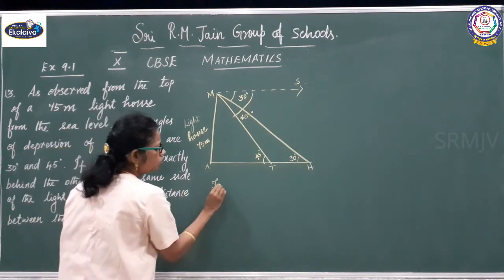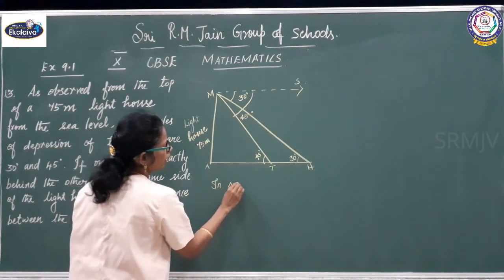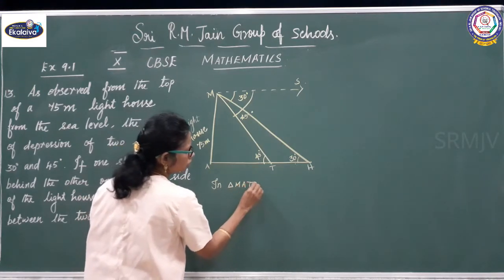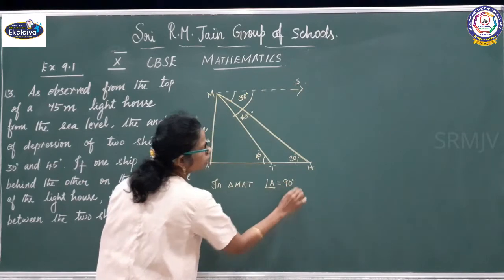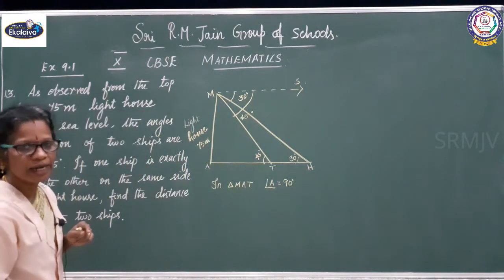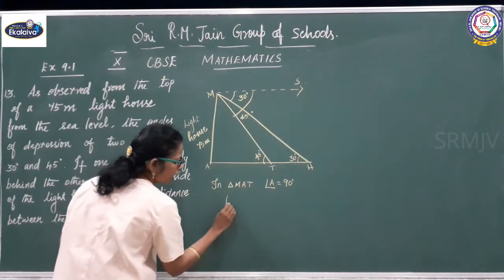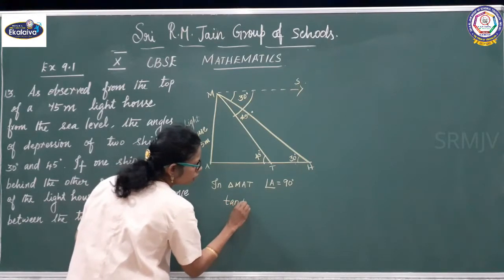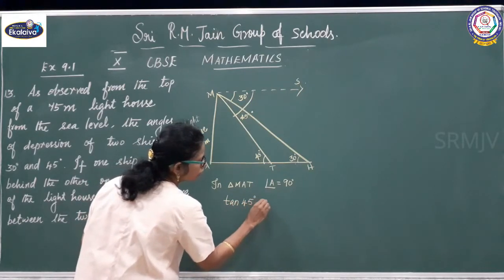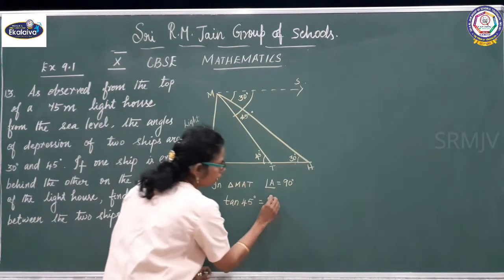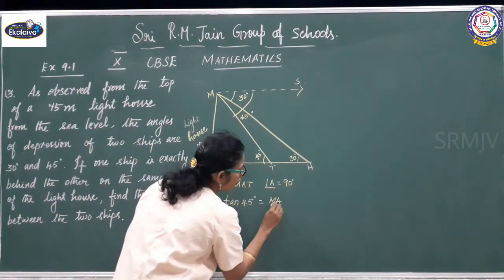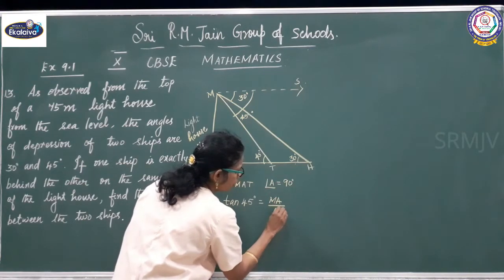Now, in triangle MAT, angle A equal to 90 degree. Now, tan 45 degree equal to, tan means you know opposite by adjacent. That is MA divided by AT.